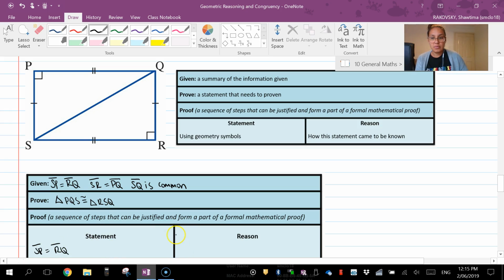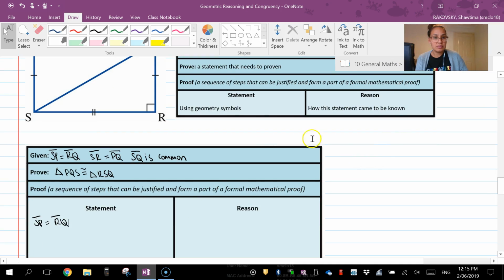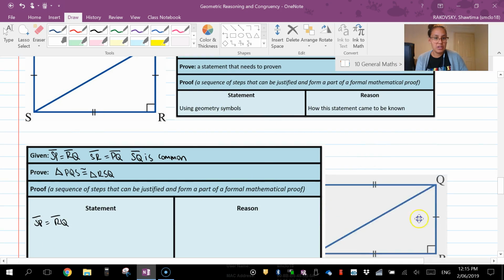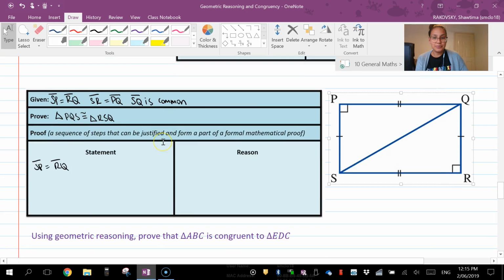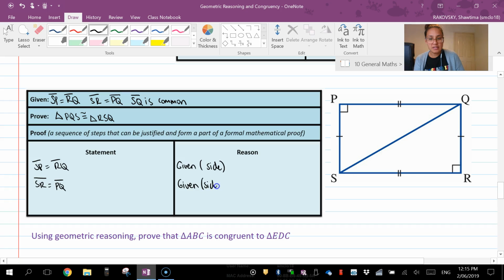And the reason is given, and I'm going to say side next to it. The next one is line SR is equal to line PQ, and this is given, and it's another side.